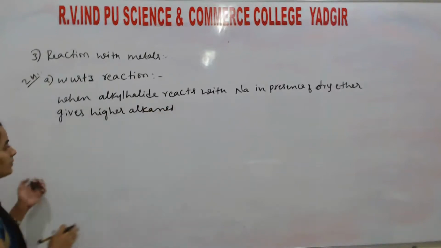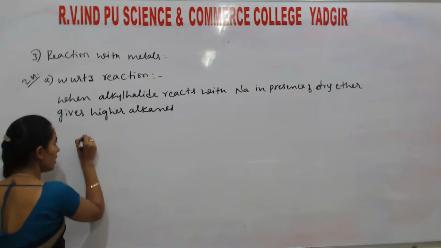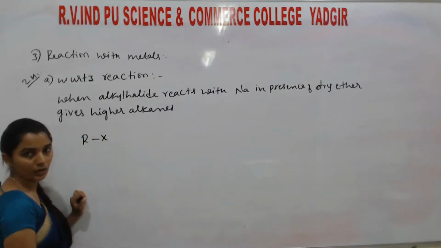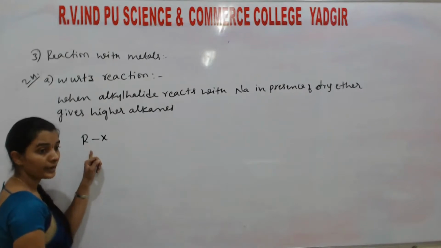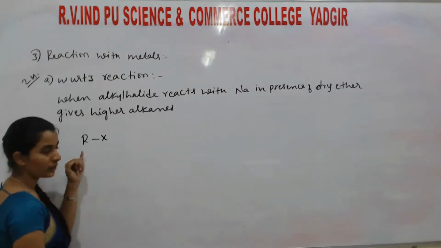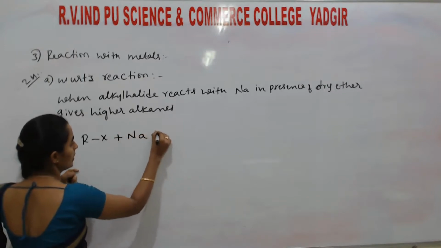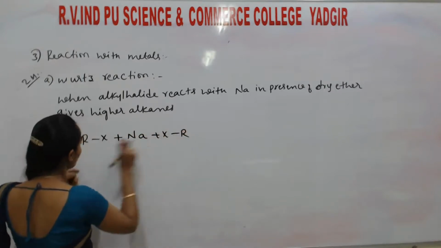Okay, so listen. That means RX type compound, and both must be identical. So RX plus Na plus RX, 2 moles of RX.